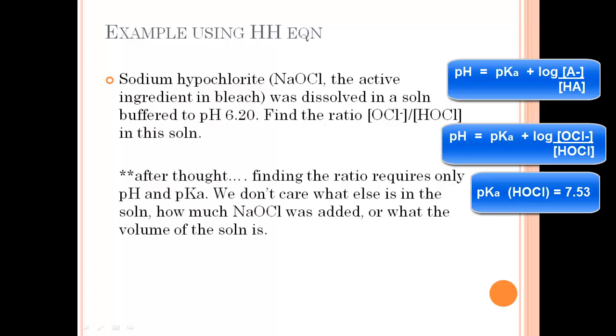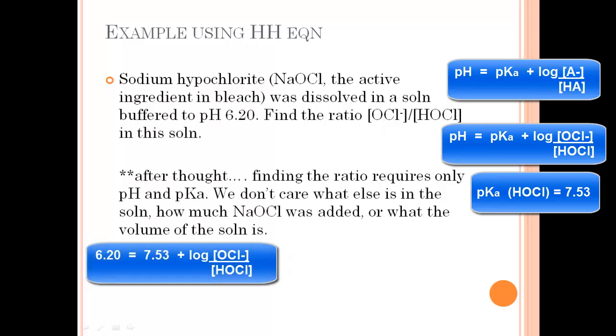So if we wanted to find the ratio of that solution, then all we would do is plug in 6.20 for the pH, plug in 7.53 for the pKa, and then the log of OCl minus over hypochlorous acid. We bring the 7.53 over to the other side, and you'll see you get negative 1.33 is equal to the log of OCl minus over HOCl.